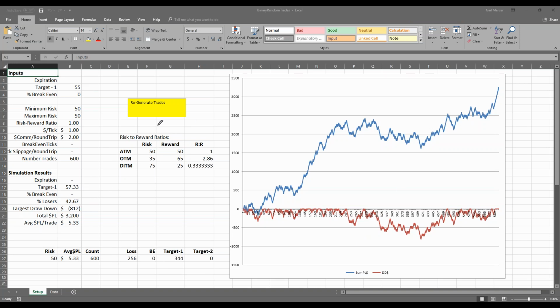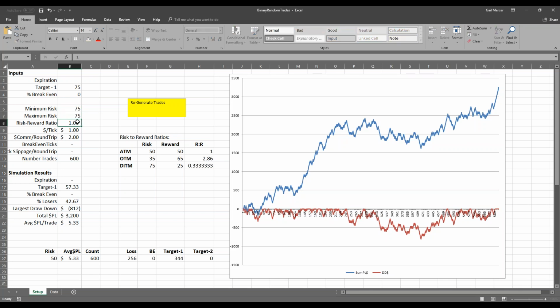How many of you use deep in the money? Anybody in the room use a deep in the money strategy? Okay, let's change this to 75 and let's put the risk at 75.